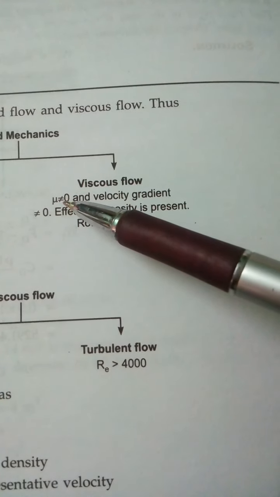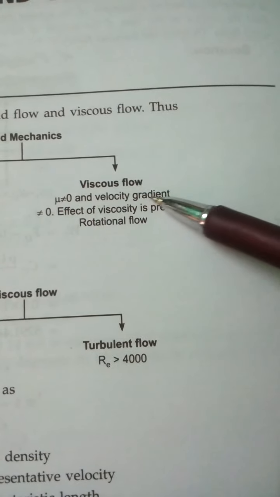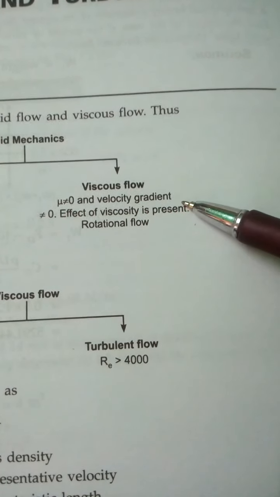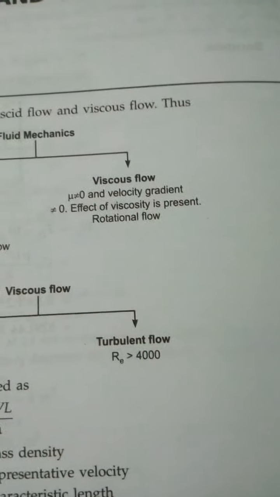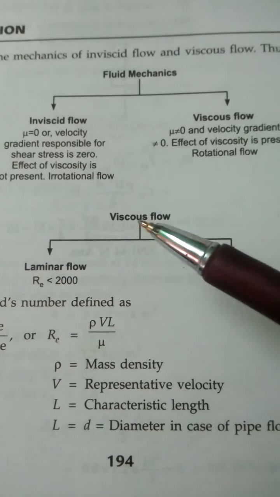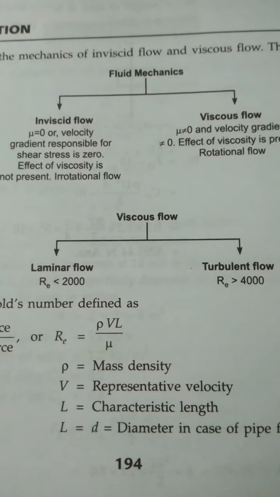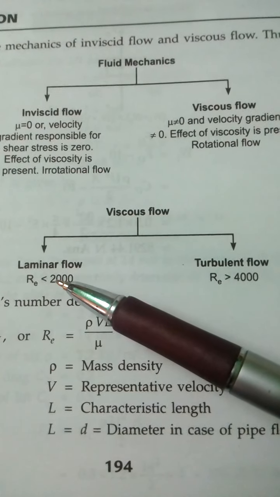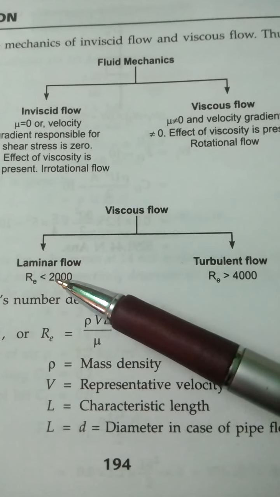Now, viscous flow is the viscosity not equal to 0, there is viscosity, and velocity gradient is also not equal to 0. So, effect of viscosity is present here, and this is a case of rotational flow. Now, again the viscous flow has two parts. There is a number called Reynolds number, which I have already told you in the earlier video.